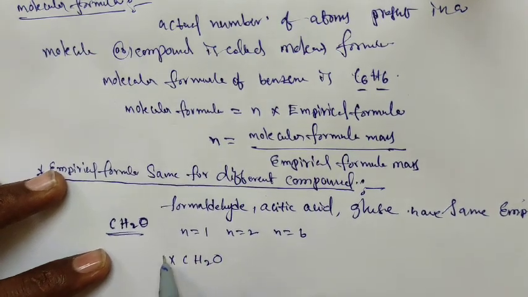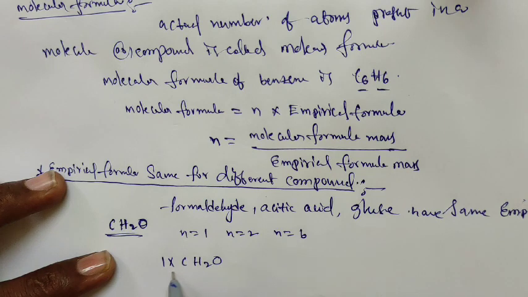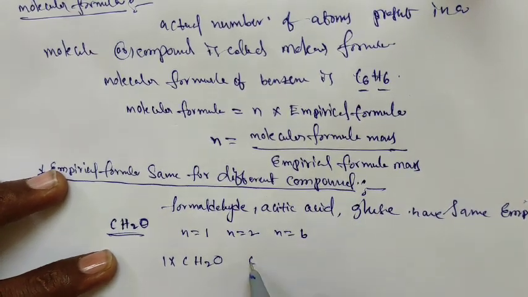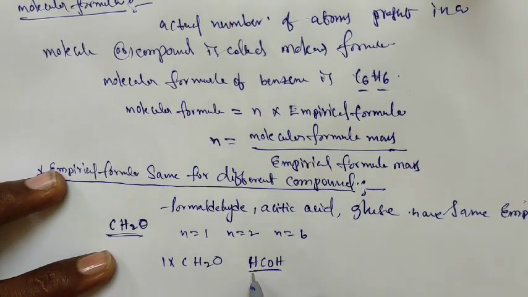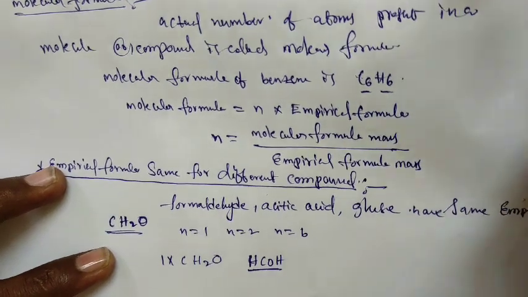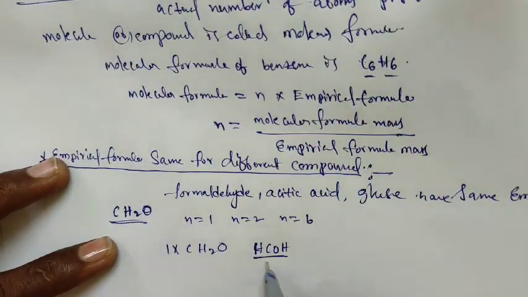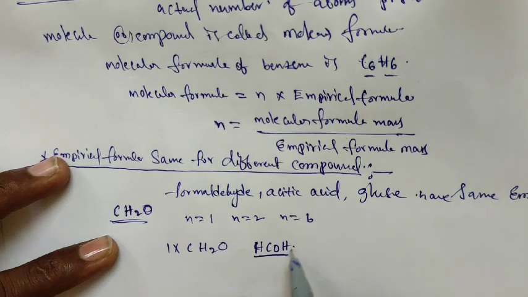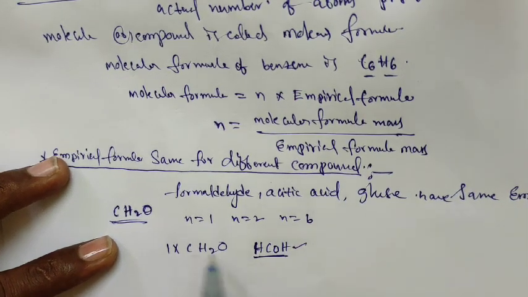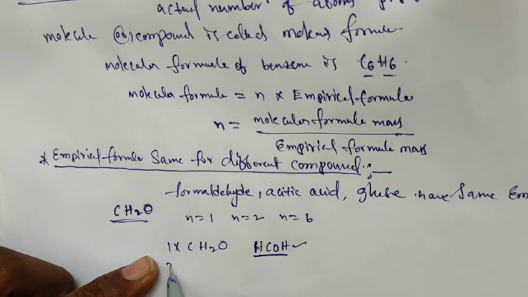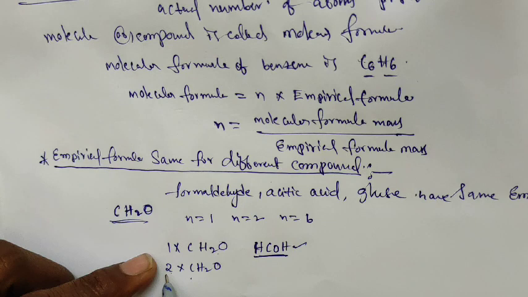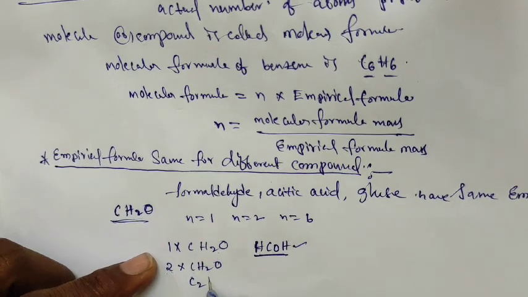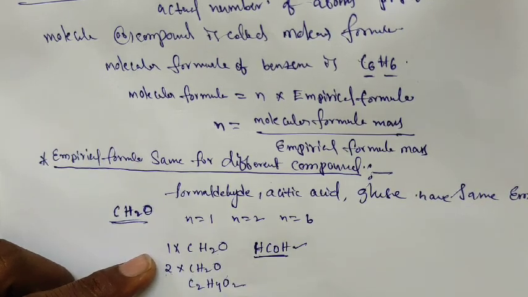CH2O into 1 gives formaldehyde, HCOH, written here in expanded form. If N is 2, 2 into CH2O gives C2H4O2.